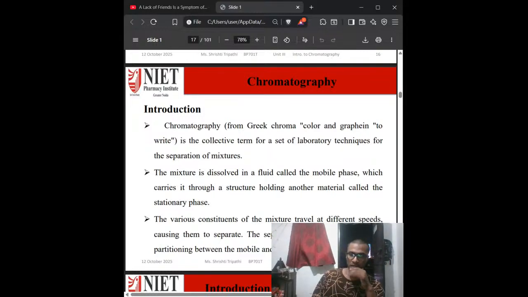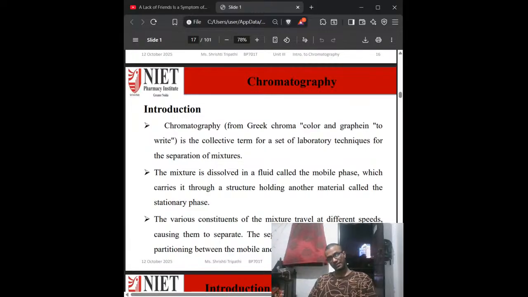The various constituents of the mixture travel at different speeds, causing them to separate, resulting in separation.